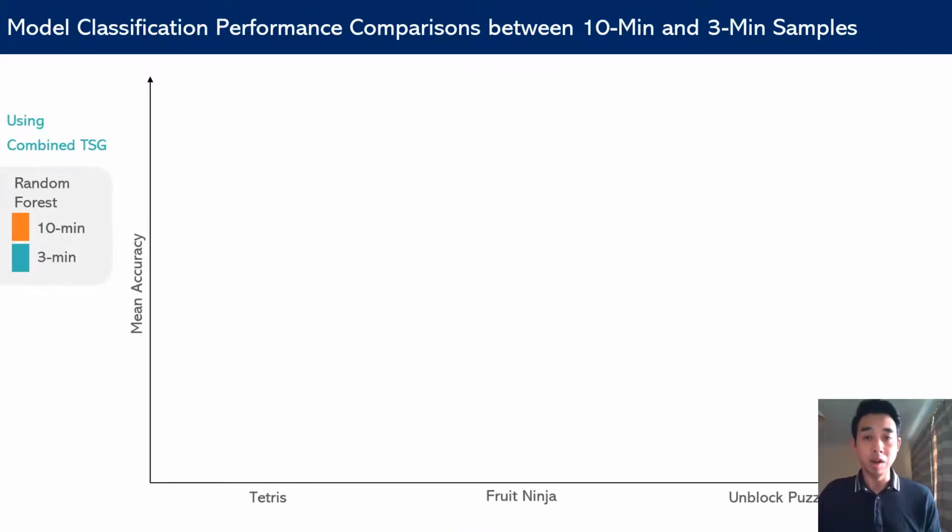Given that an ideal alcohol screening measure should provide accurate results within a short time, we further examined the model performance on 3-minute samples. To this end, the original 10 minutes data was truncated to the first 3-minute samples. Logistic regression and random forest were trained on the combinations of all feature sets.